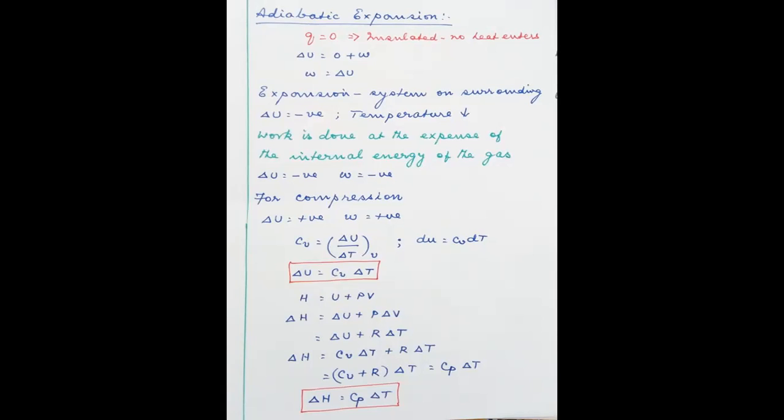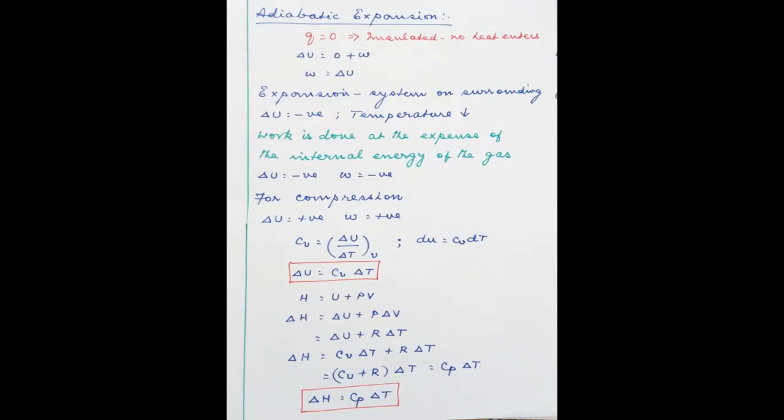So the wall material has to be highly thermally conductive. But in the case of adiabatic expansion, no heat should enter into the system, or no heat should come out of the system. So what will happen? Q is equal to 0.